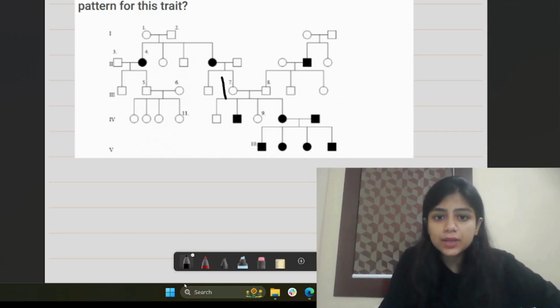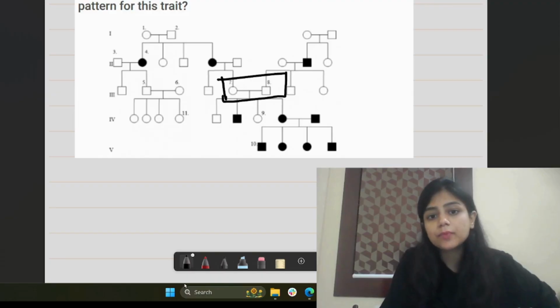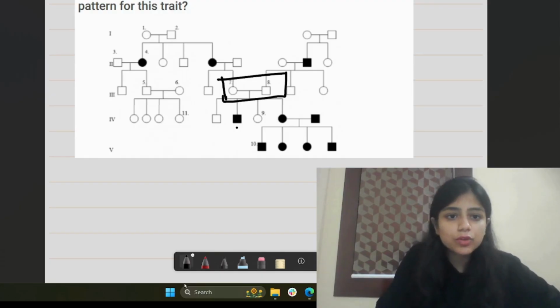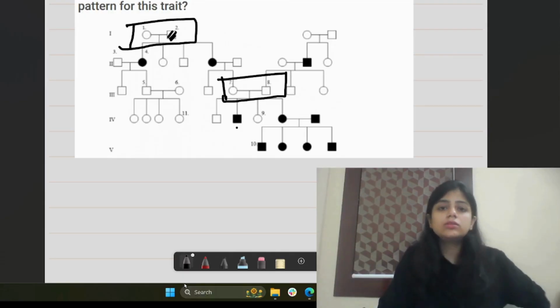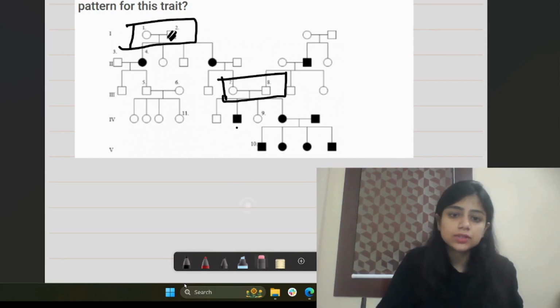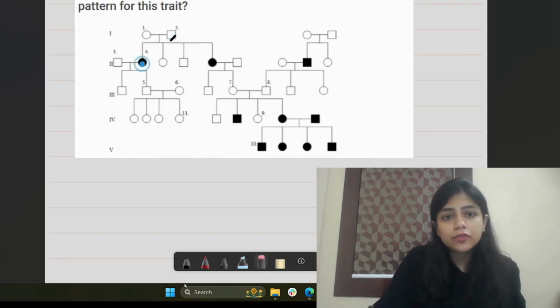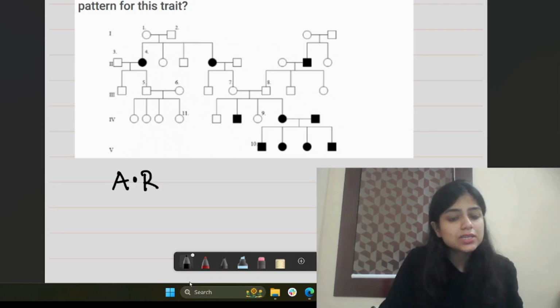Again, the same thing is happening here, 7th and 8th here. For this to be affected, or let's take the example of this one. For the female to be affected, the male has to be the diseased one. Then you will get the female child to be affected. So you can see well enough from here that it is also one of the examples of the autosomal recessive.